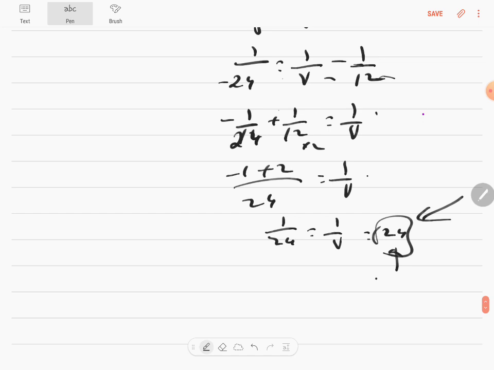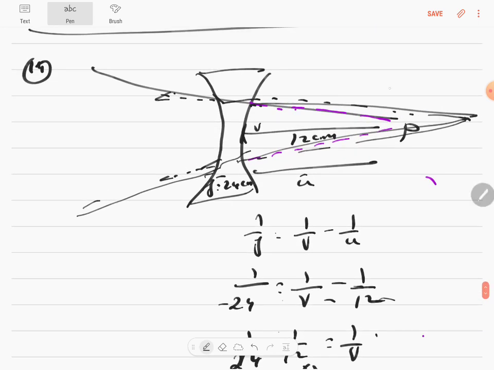Now there's a second part of the sum where a convex lens of focal length 12 cm is placed at a distance of 12 cm from the concave lens in the path of the refracted ray from the concave lens. So are we placing it here? Just at 12 cm on the path of the refracted ray. Yeah, which means it is exactly where the first image is.